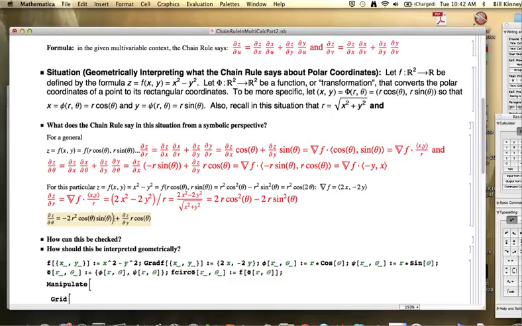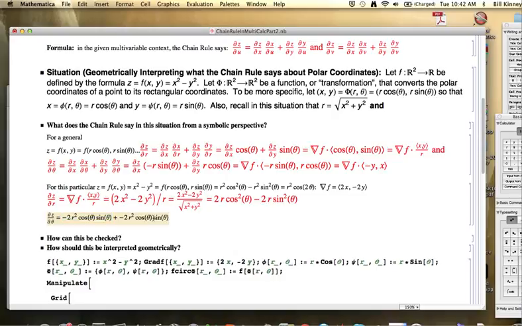And then do it with the other one, the dz dy. You're going to get something that does turn out actually to be the same. So in the end, we get negative 4r squared cosine theta sine theta.